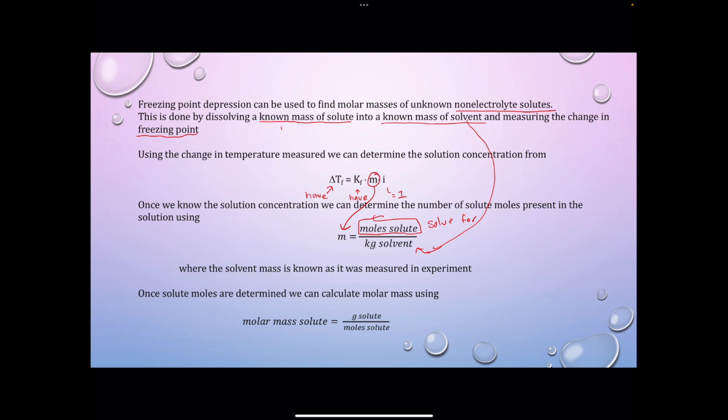Once our solute moles are determined, we can calculate our molar mass using the definition of molar mass. Remember, molar mass is the grams of a substance per mole. We're finding the molar mass of the solute that we dissolved, so it's the grams of solute per moles of solute.